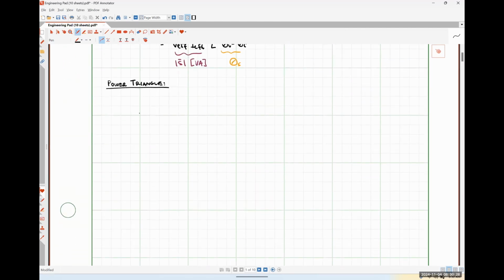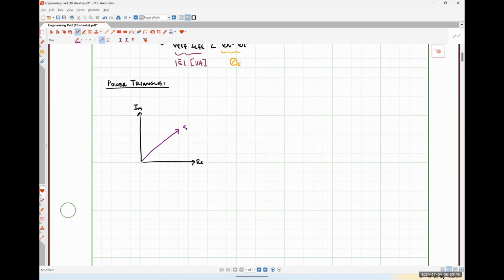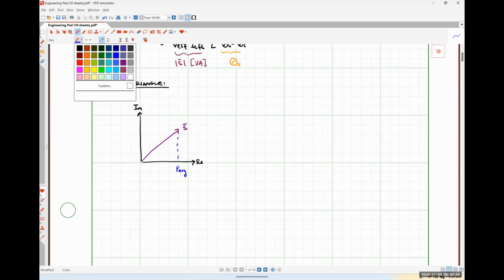So if we put on our vertical axis, this is for imaginary numbers, and on our horizontal axis, this is for real numbers. If we have any generic complex power S, then the projection onto the real axis is our average power.